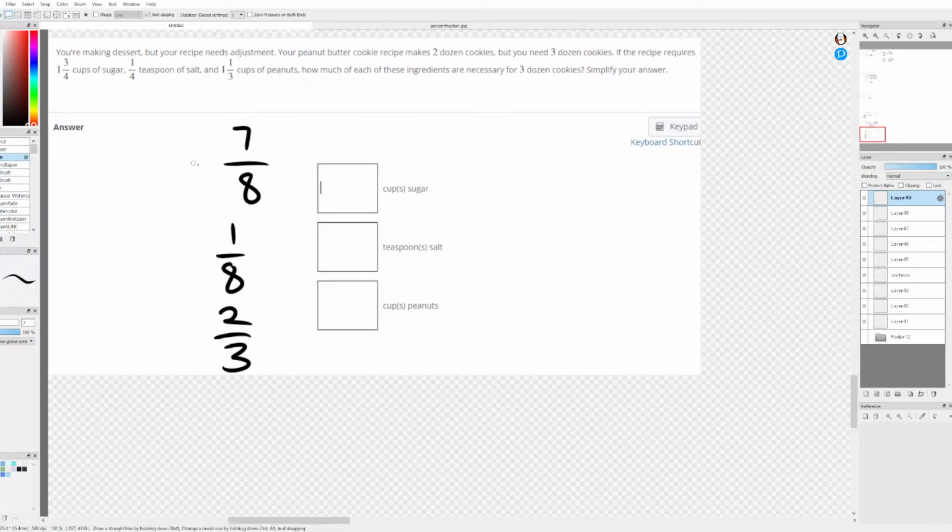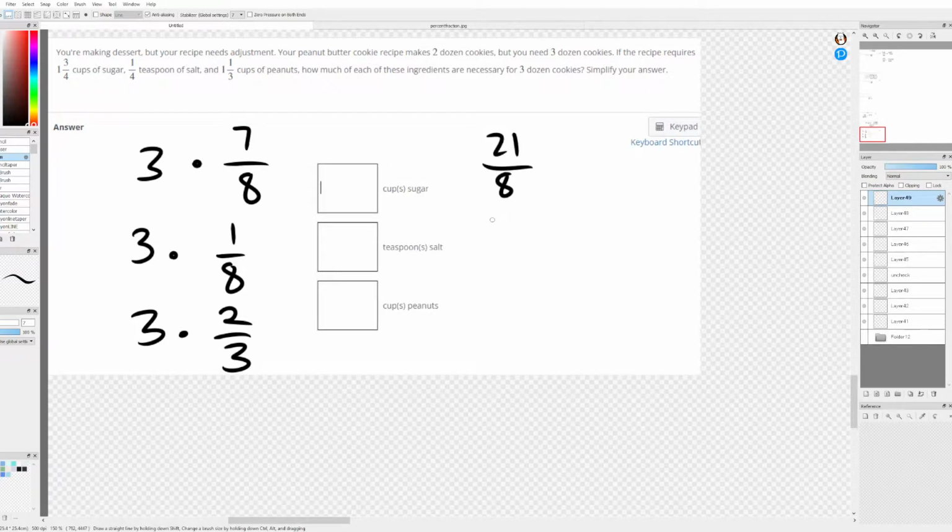Now we'll times these all by 3, so we can convert it to 3 dozen cookies instead of 2 dozen. So 3 times 7 is equal to 21.